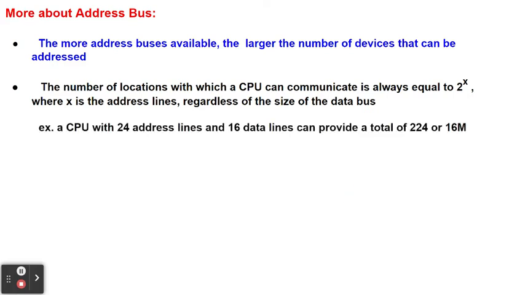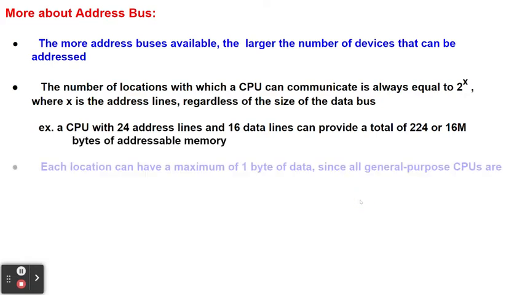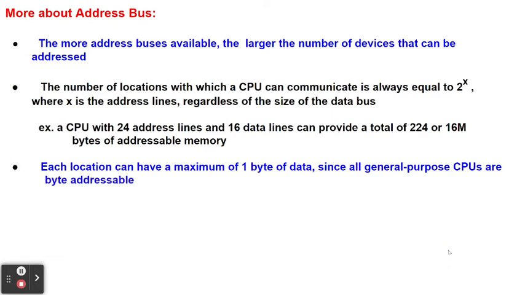So, if a CPU has 24 address lines and 16 data lines, it can provide a total of 2^24, or 16 megabytes, of addressable memory. Each of these locations can hold a maximum of 1 byte of data, since all general purpose CPUs are byte addressable. Remember that 1 byte is equal to 8 bits. And the address bus is unidirectional, so it only has one direction.